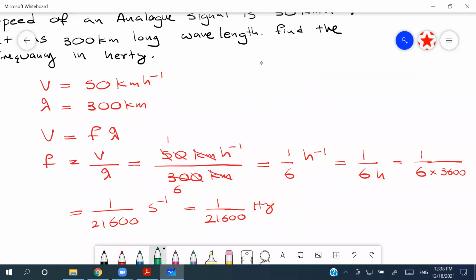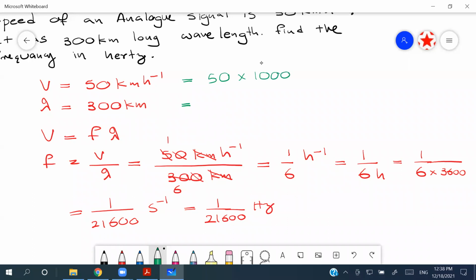So you can be certain about this if you convert these things into the things that you want. Now, if we want to convert kilometers per hour into ms minus 1, meters per second, what we are going to do is multiply 50 by 1000.